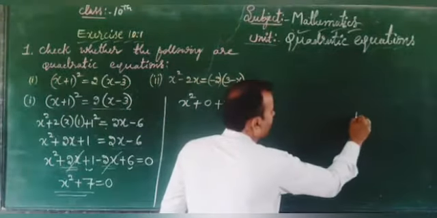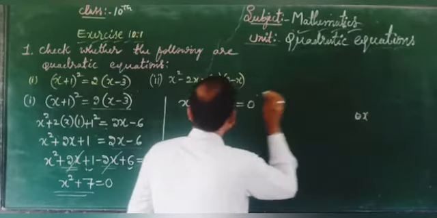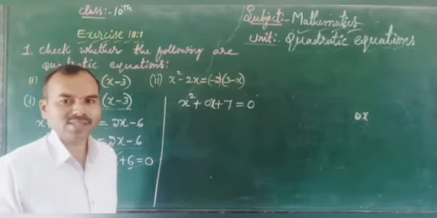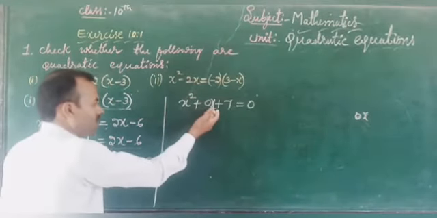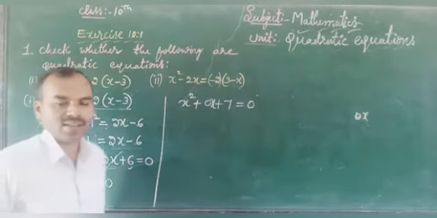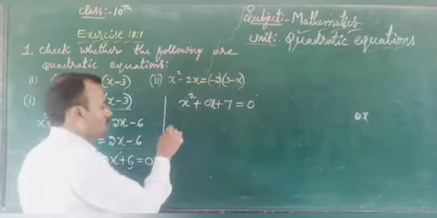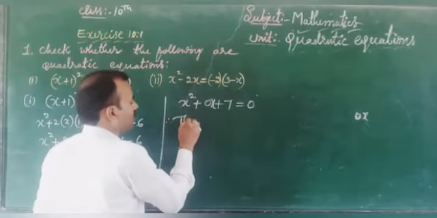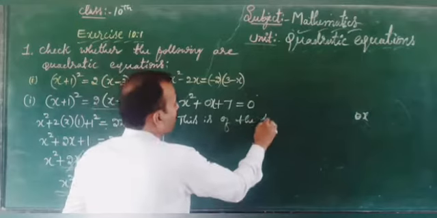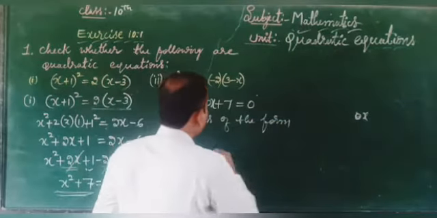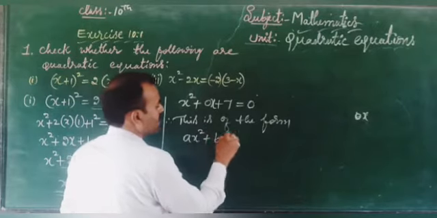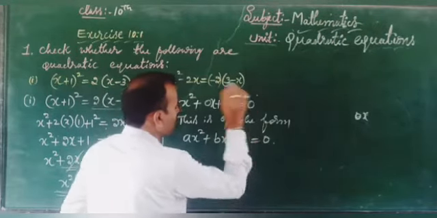0 means I write 0 into x, or it is 0 into x. 0 into x means 0. If you write 0, similarly x square plus 7, there is no change. So this is of the form ax square plus bx plus c is equal to 0.